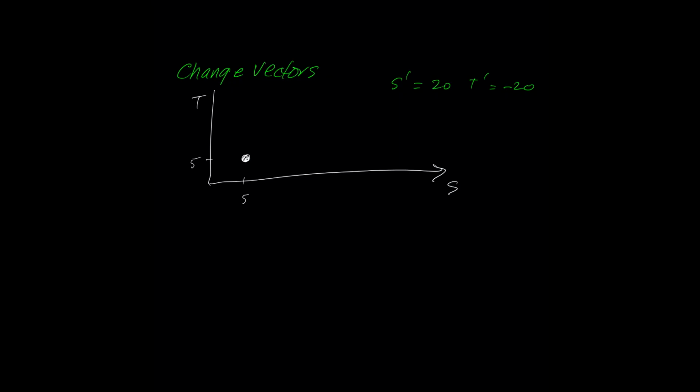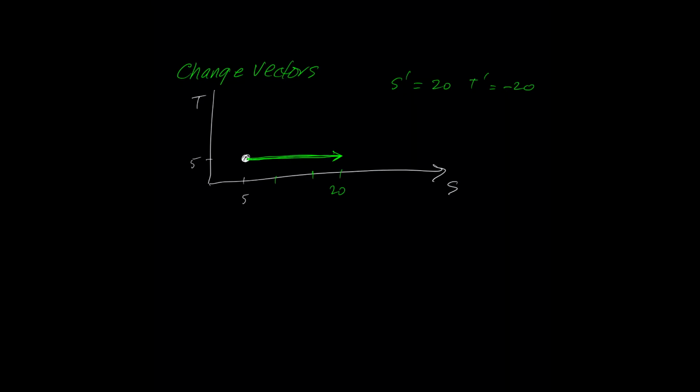The S prime change vector has to be 20 units long, and if this is 5, then that's 10, 15, 20. So the resulting change vector is that long. It's plus 20 in the S direction. The change vector in the T direction is minus 20.